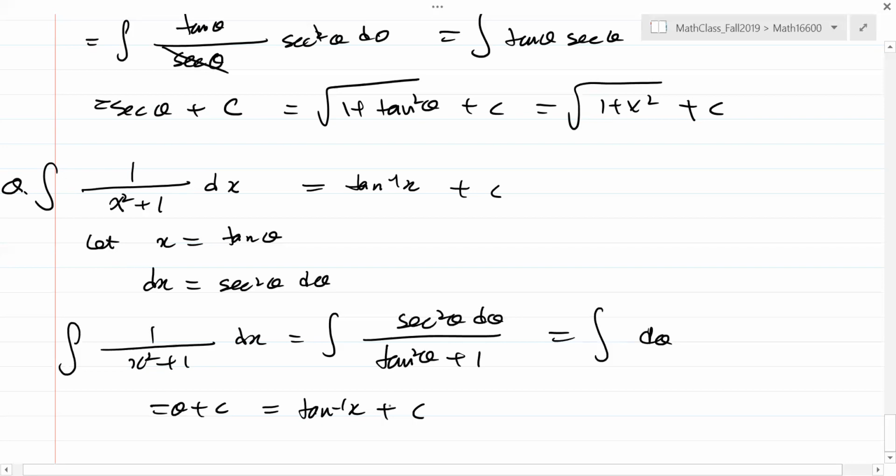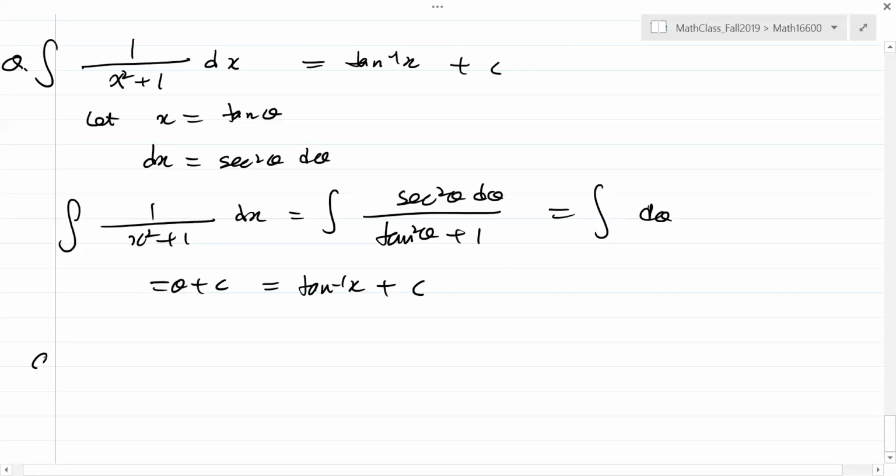All right, so now we move on to the next problem. At the very beginning, I put the square root of this. So this time you have no choice. You have to use the substitution to simplify.